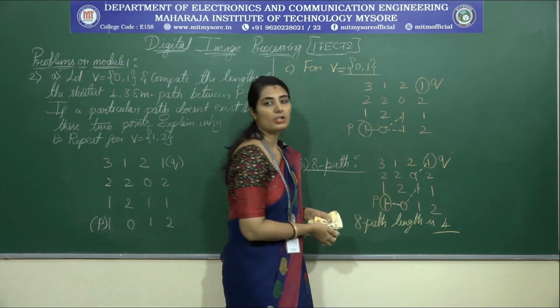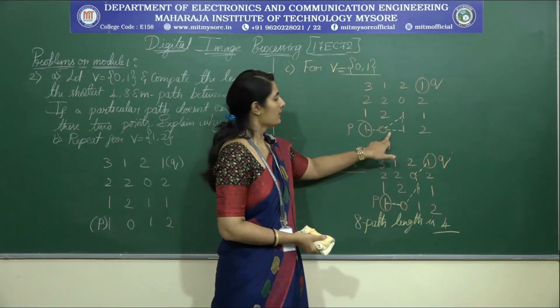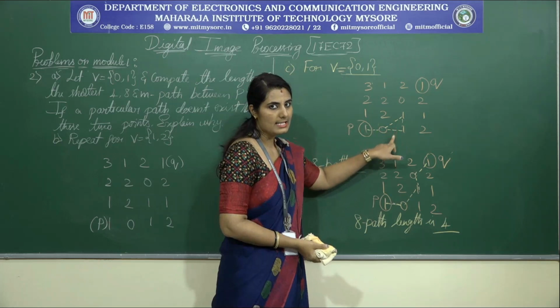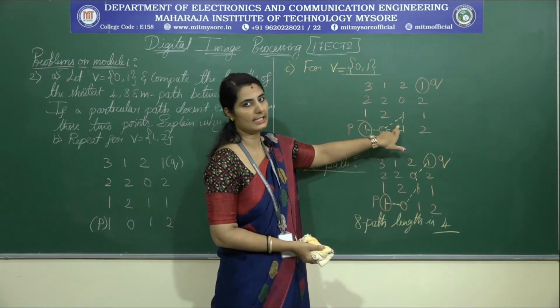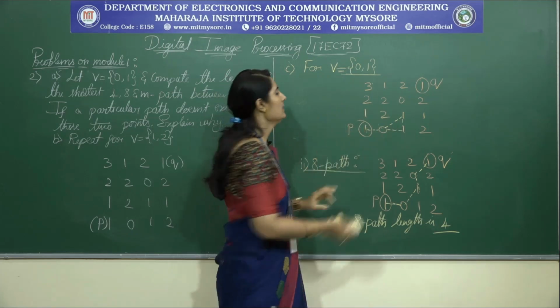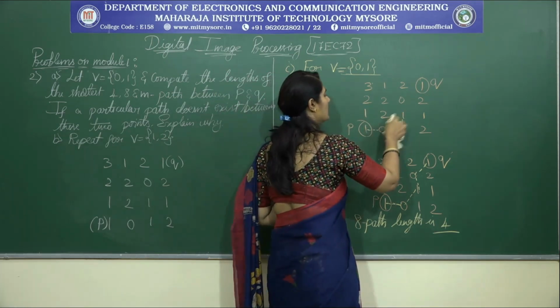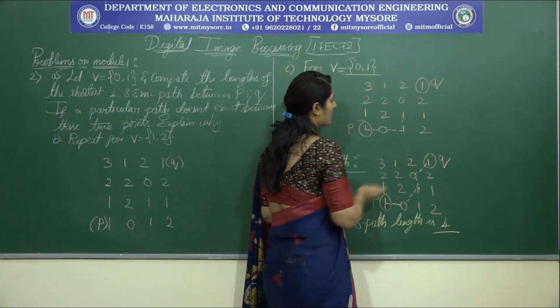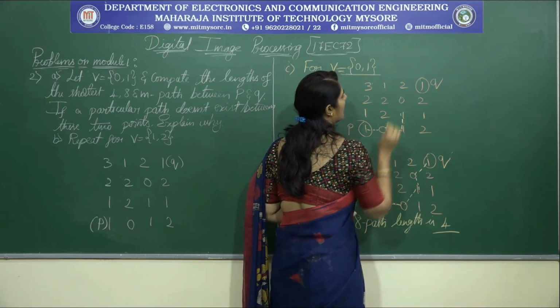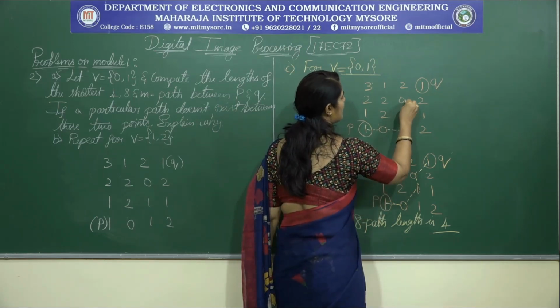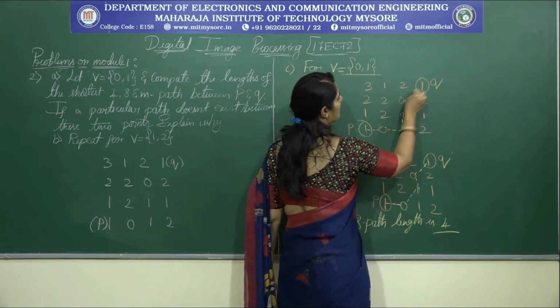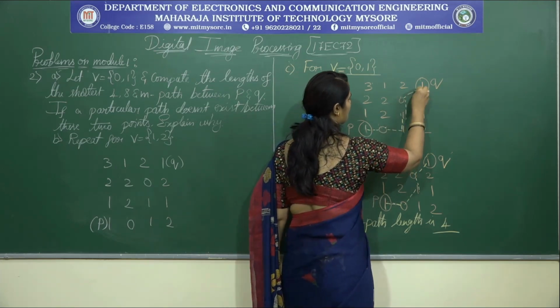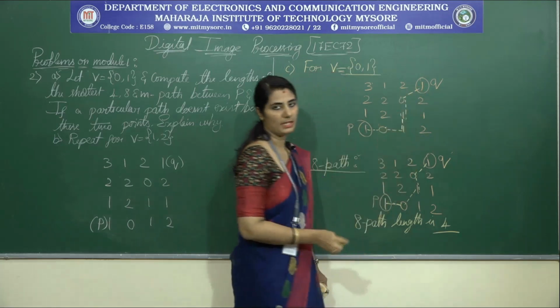For M path, whenever we get ambiguities like this, we always have to choose the 4 path, not the diagonal or 8 path. So here I'll choose this particular path, and from this I can establish a 4 path between 1 and 0, and 0 to 1 I can establish this diagonal path.